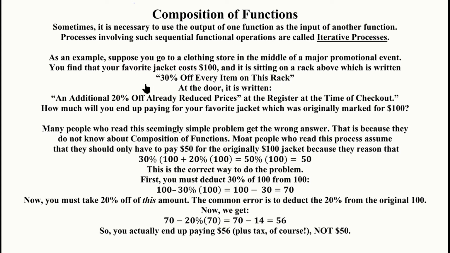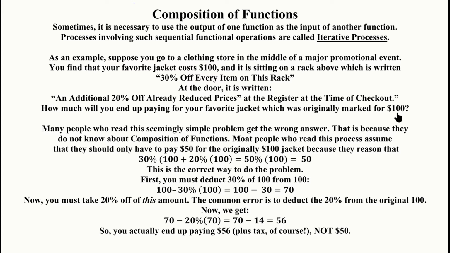Now, as you were walking into the door, you also noticed that it said an additional 20% off of already reduced prices at the register at the time of checkout, right? So how much do you think you'll end up paying for your favorite jacket, which was originally marked $100?